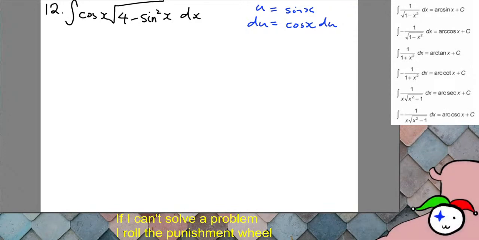So how would one solve this? X square root of 4 minus sine.